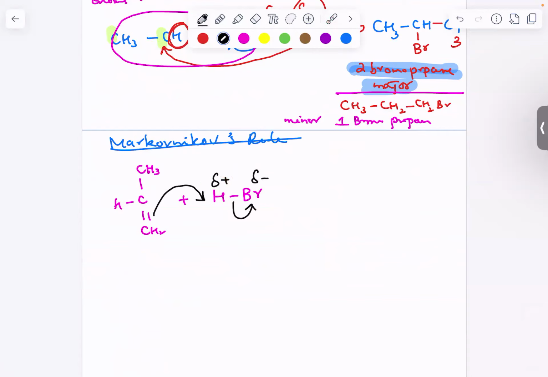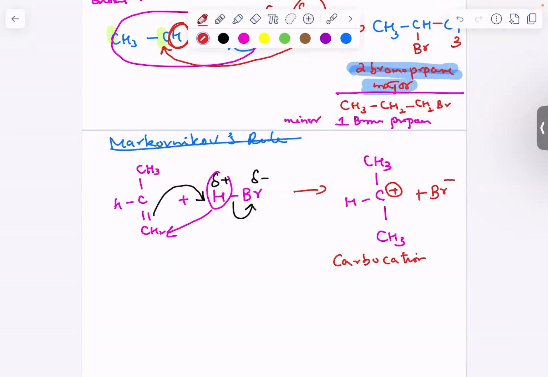So what we are going to get is CH3, CH, and then CH3, because this hydrogen has been added here, and this carbon would get a positive charge, plus Br negative. This is called a carbocation.